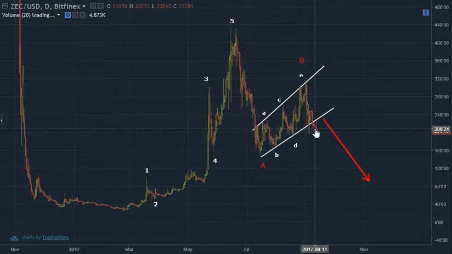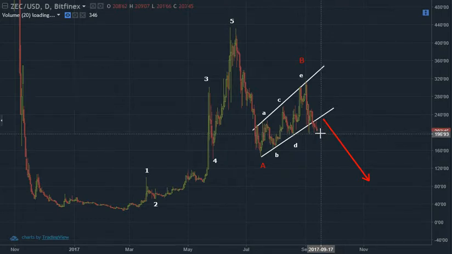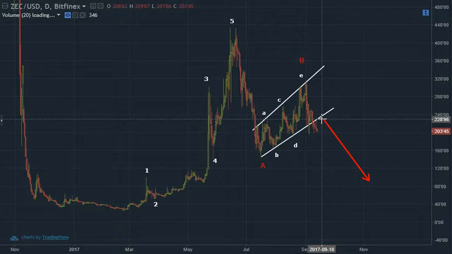Notice how here also prices broke the lower support line. I'm thinking there might be a bounce back to hit now the new resistance. A former support becomes a new resistance line, and price should decline again.